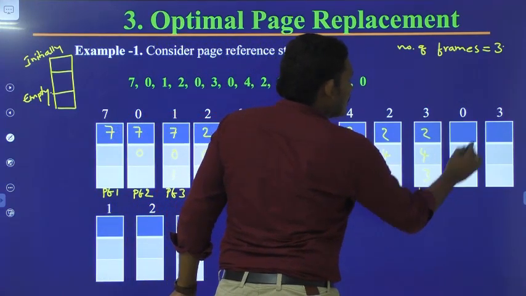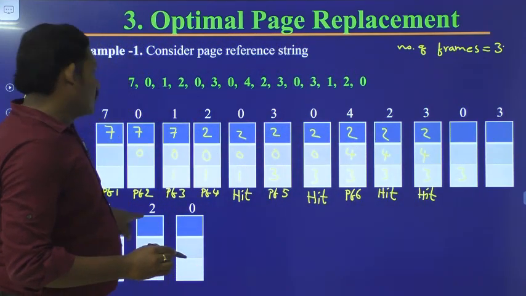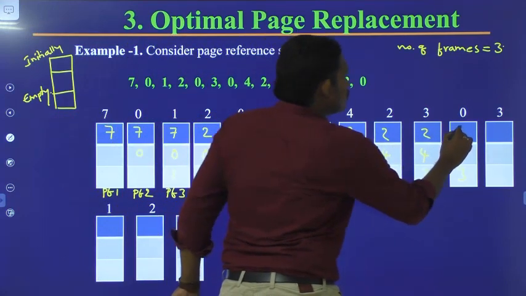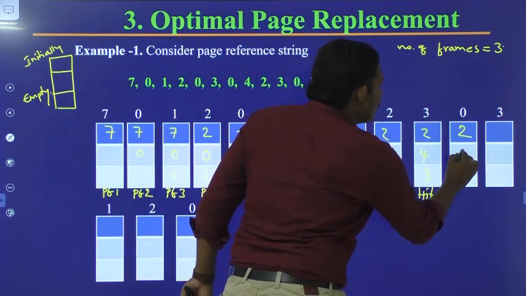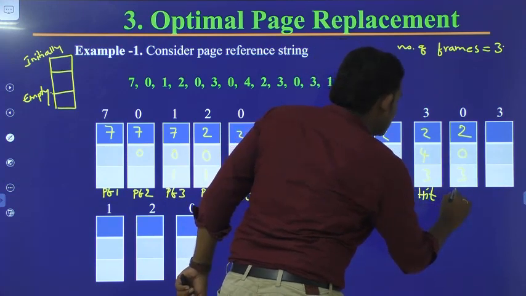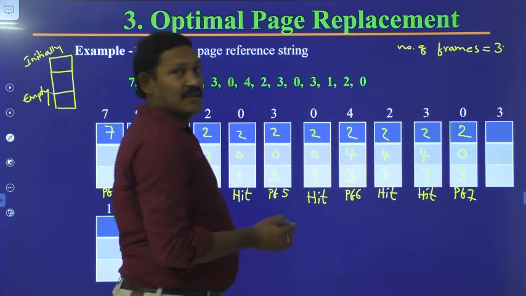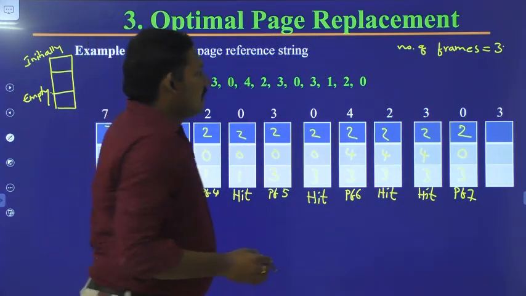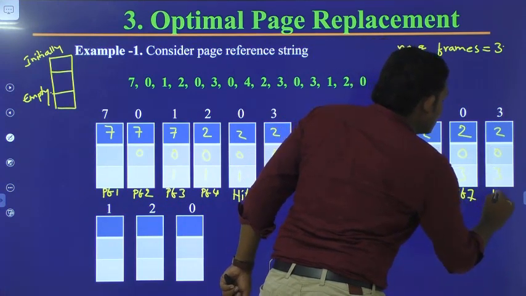Okay. 3 is used here. Next, out of 2 and 4, 2 is used. So 4 is not used. So that's why we have to replace 4 with 0. So this is page 7. Okay. Next, 3. 3 is already there. So 2, 0, 3. So it is hit.